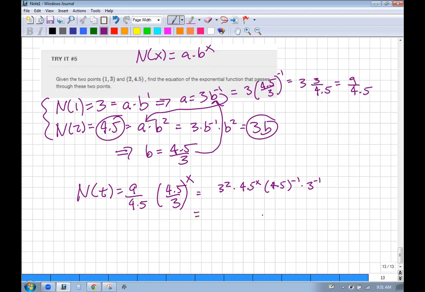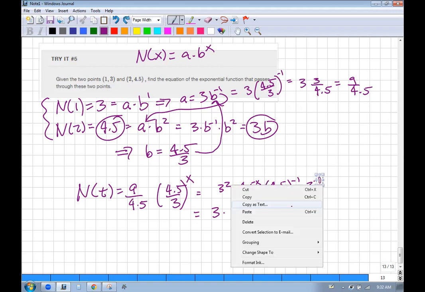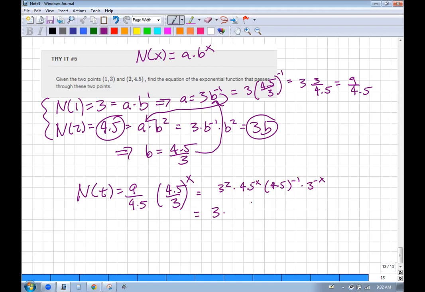Let's see if we can simplify this stuff. We need everything to the x minus 1. So I have 3 times, let's see, this and this gives me a 3, right? Oh, wait. This is minus 1. This is to the minus x. Right, to the negative x.